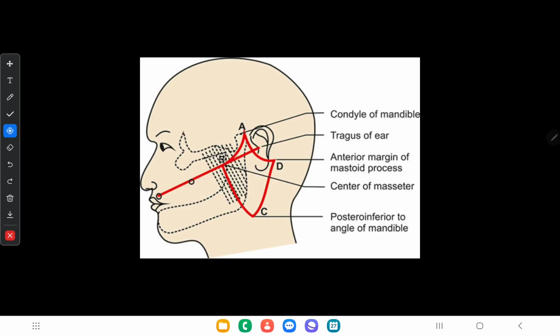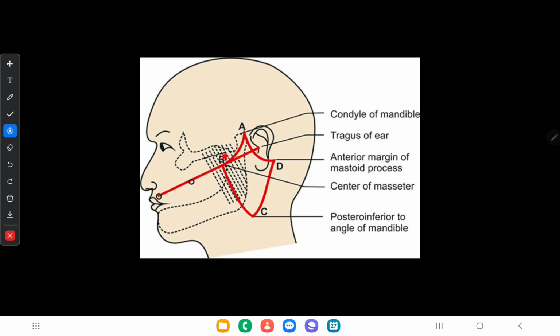Let's see what are the surface markings of the parotid gland. First, to draw a curved anterior border, there are 3 points marked as follows. You can see the first point, it is coinciding with the head of the mandible in front of the tragus of the ear.